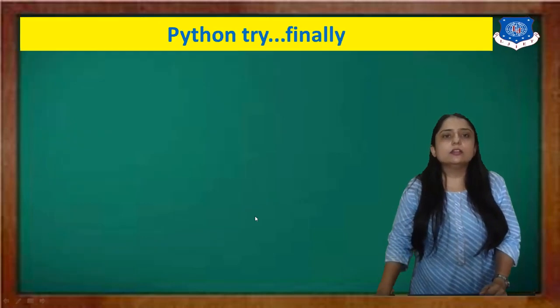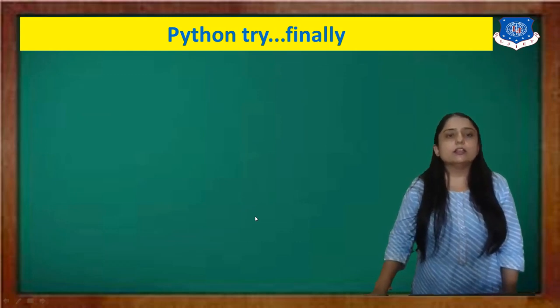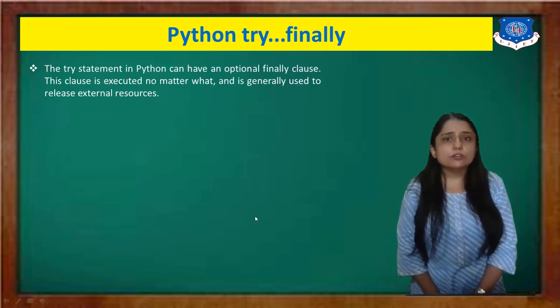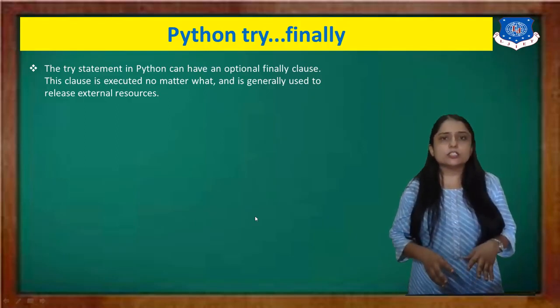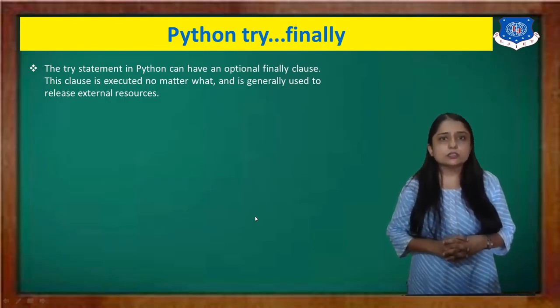Now next and last, that is Python try and finally. The try statement in Python can have an optional finally clause, and this clause is executed no matter what. It is generally used to release external resources.